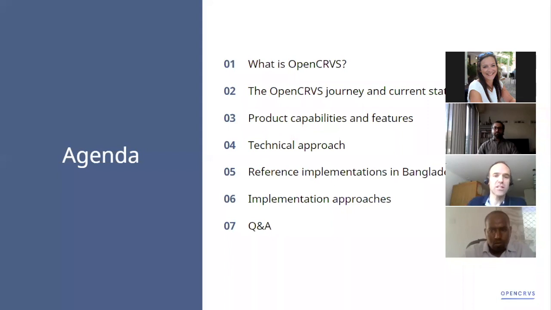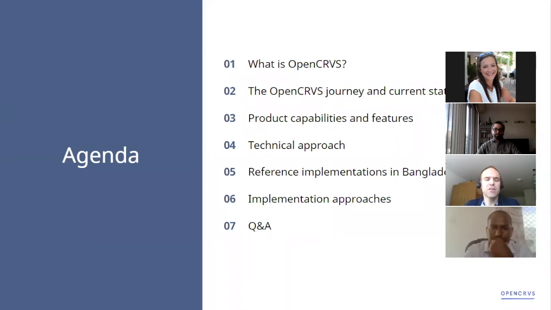So on the agenda for today, we have a quick recap of what OpenCRVS is, for those who are not seeing it for the first time. We're going to explain a little bit the journey of OpenCRVS and how we got to this current point and the exciting point we have reached. We're going to then take you through some of the product capabilities and features that we're really excited about, and then dive into the technical approach, the smart technical architecture approach which underpins OpenCRVS and makes it so powerful.